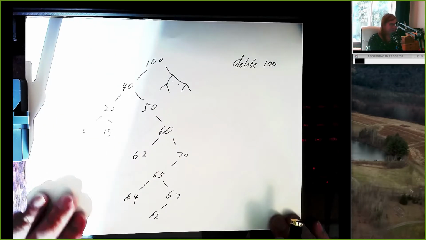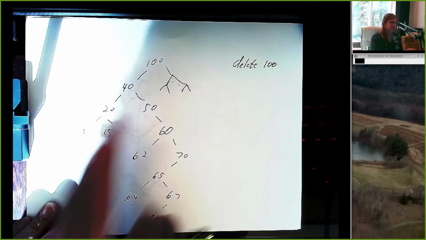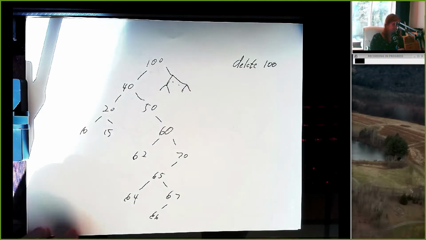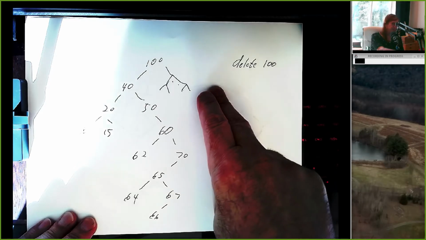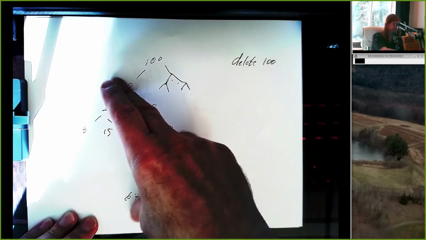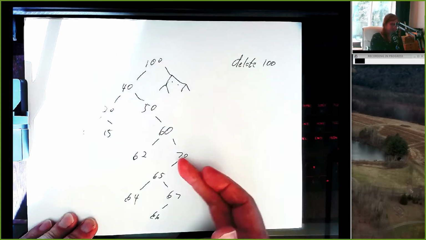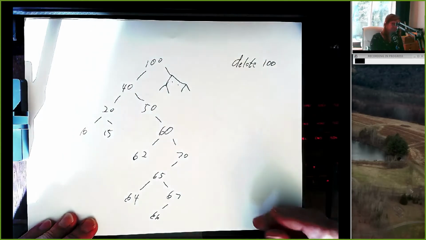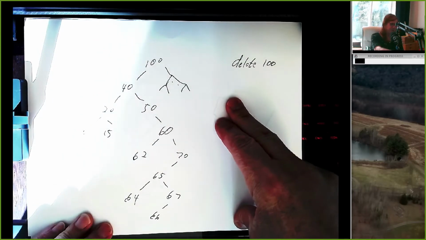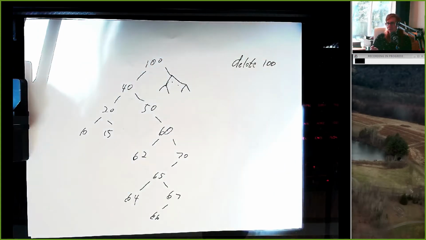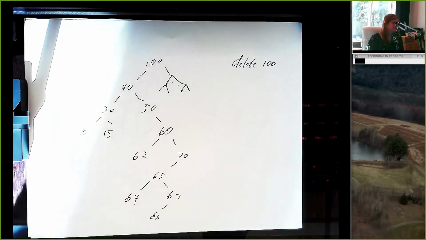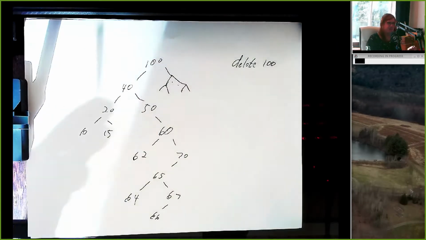Whereas it might make more sense to alternate which side we delete from, or to look at the subtree with the biggest height, and if the left subtree is the tallest one, then we'll take the largest thing from the left, put it to the root. If the right subtree is the tallest one, we take the smallest thing from the right and put that in the root. And so we could do some sort of attempt to keep the thing more balanced.